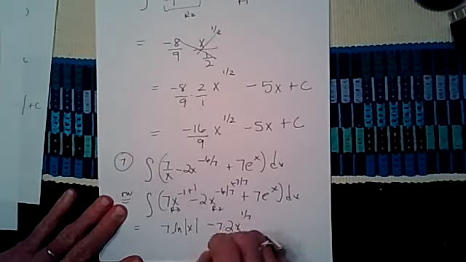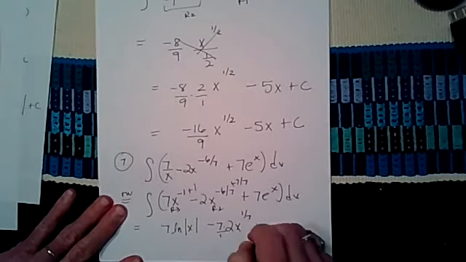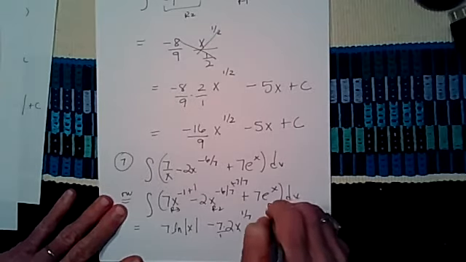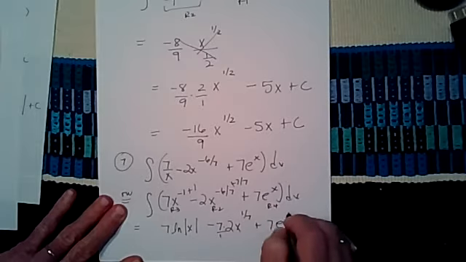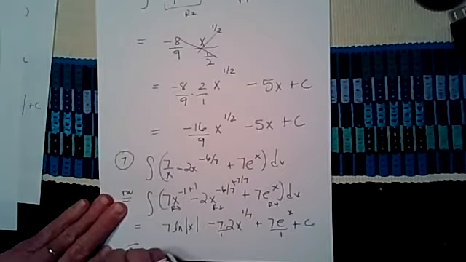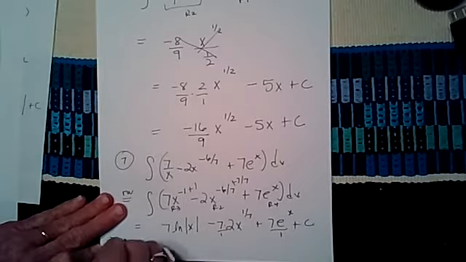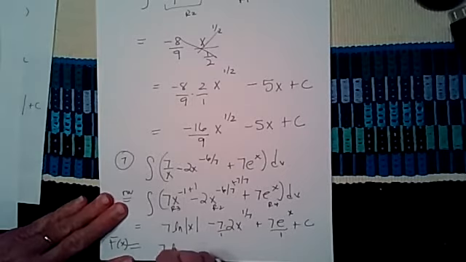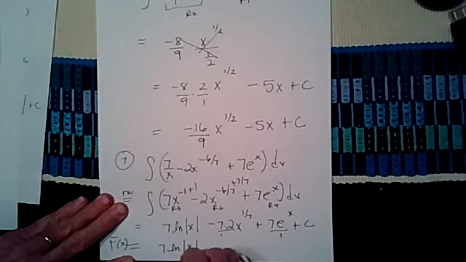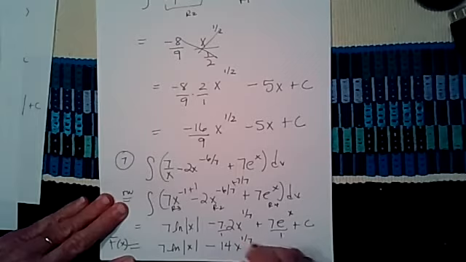So that's just going to be 7/1 plus, and this is rule 4, 7e to the kx divided by k plus c. So my final answer, my antiderivative, is going to be 7 ln absolute value of x minus 14x to the 1/7 plus 7e to the x plus c.